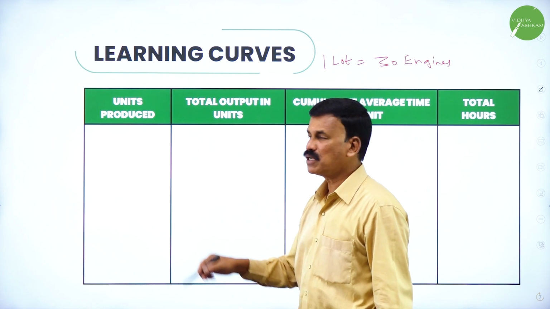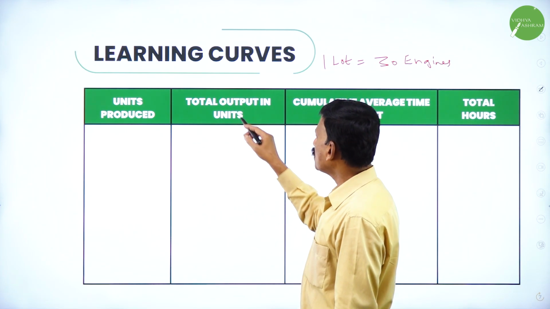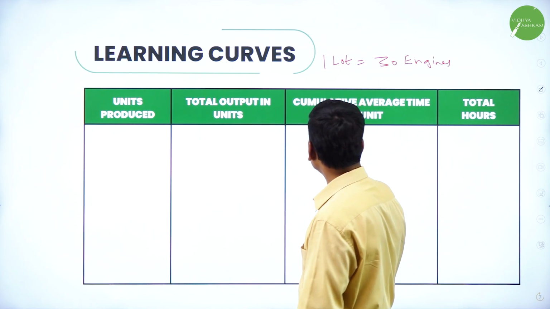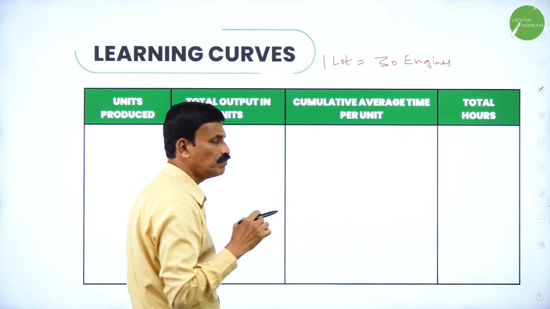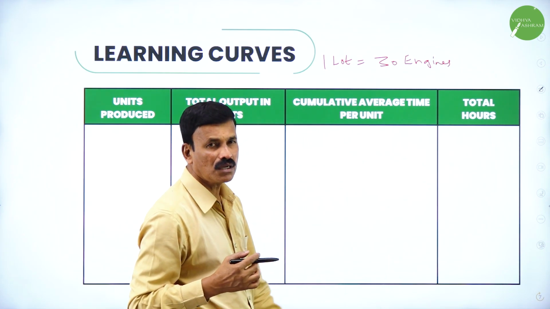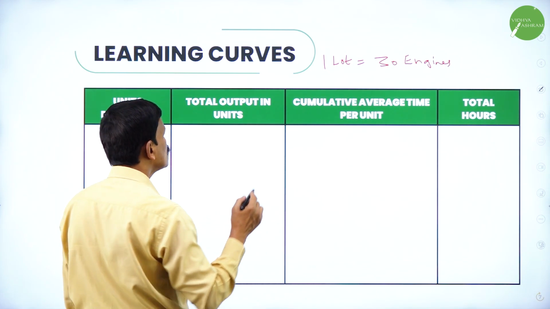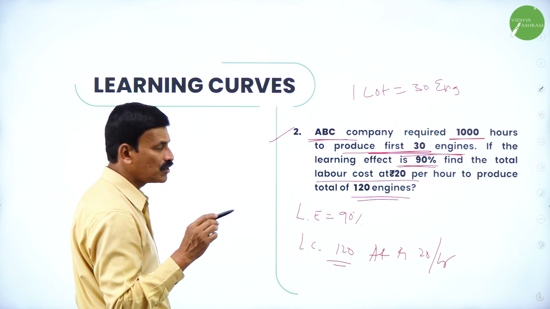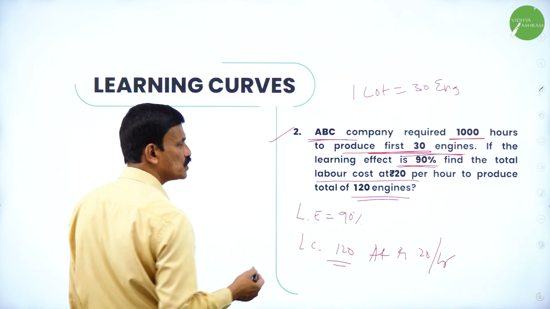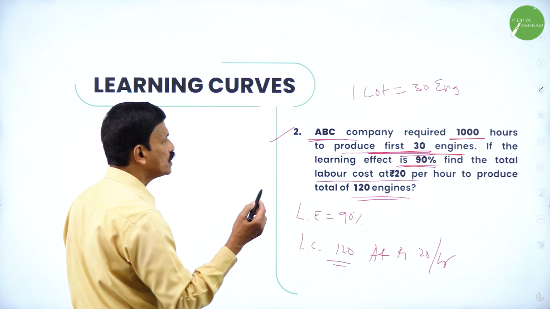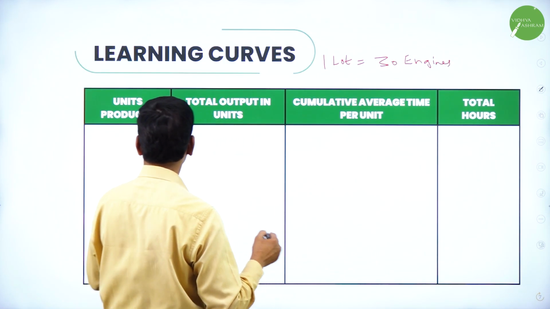Now, write on the table: unit produced, total output in units, then cumulative average time per unit and total hours. How many engines are to be produced? 120 engines. That is 120 by 30, which means 4 lots. So, let us write down the values.